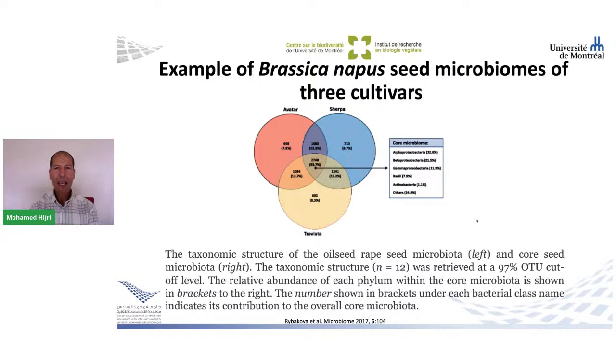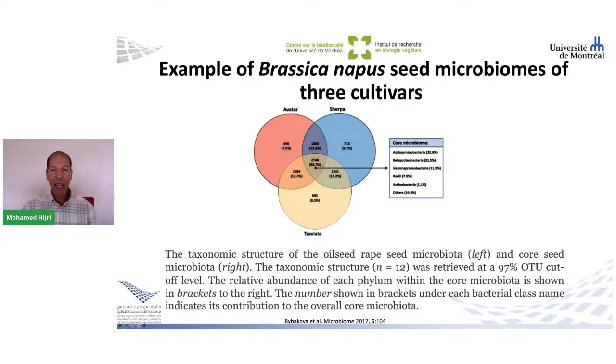So this is an example to illustrate this kind of core microbiome. This study was done on three cultivars of Brassica napus seeds. These three cultivars, you can see them with different colors, and the names are here. If we compare these three communities, they all share a third of the OTUs, of the microbial taxa that are present.